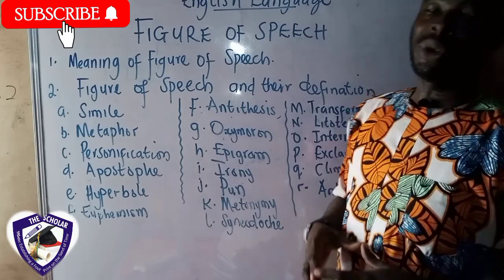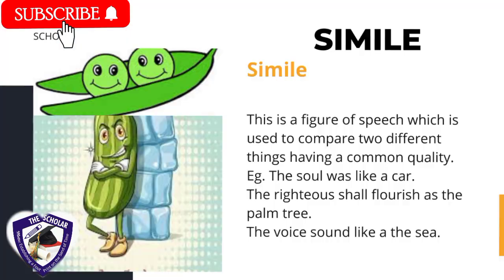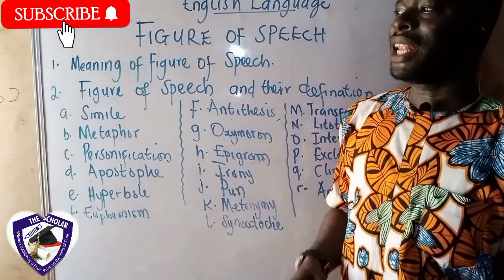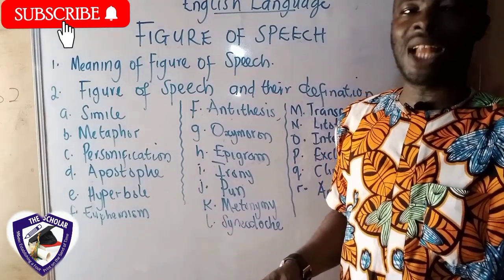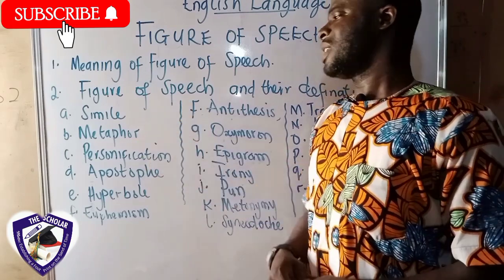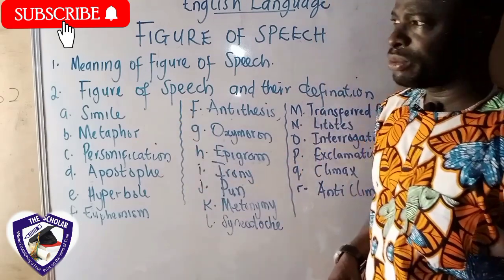All right? But definitely they dwell apart. Of course, we can also say the righteous shall flourish as the palm tree. If you look at this, you will understand the fact that we are expressing two different things and we are likening them with the help of like and as. So, if this is clear, we move to what is referred to as metaphor.